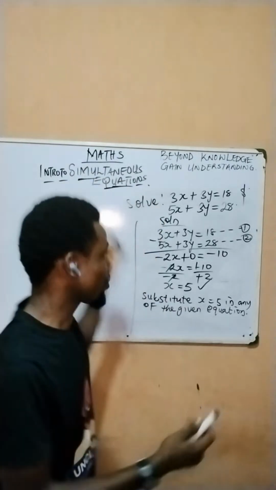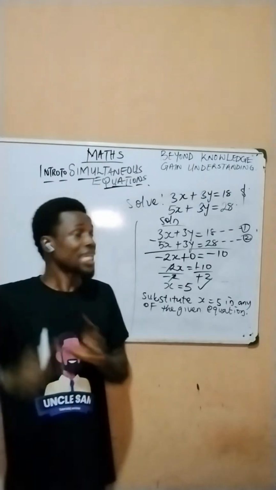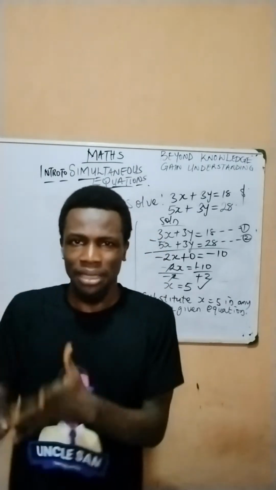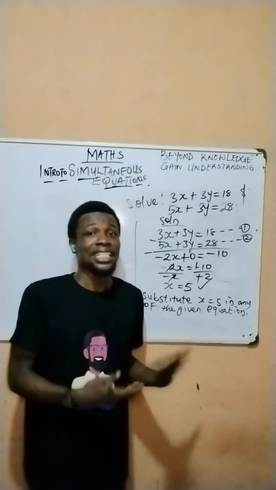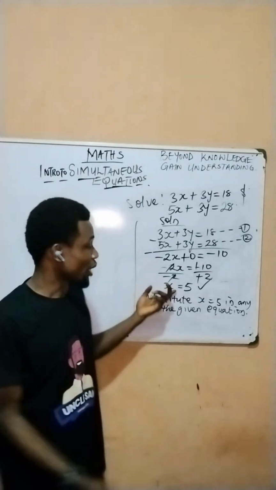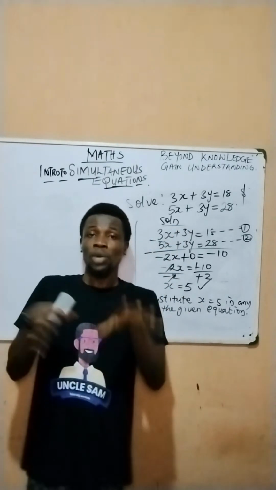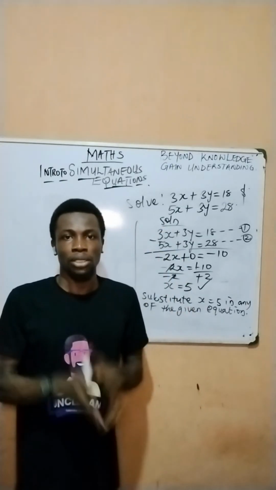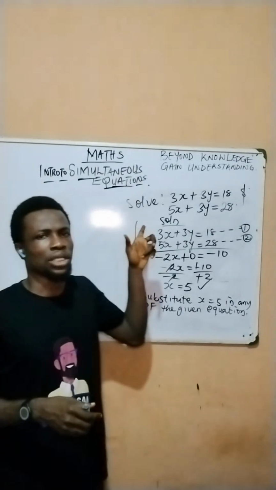In the previous example, I substituted the value of y that we got into both equations to show you that you're still going to end up with the same answer. And that is why they made the very bold statement that you should substitute the value of x equals 5 in any of the equations, because the value you're going to get for y is still going to be the same, whether you substitute in equation 1 or in equation 2. So in this case, I want to substitute in equation 2.